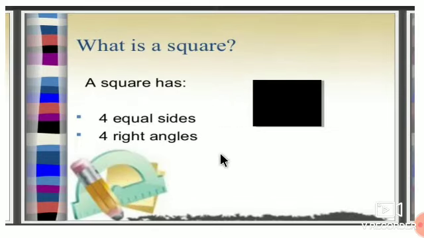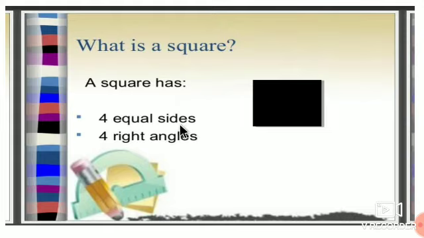Next figure is the square. What is meant by square? Square is also a two-dimensional shape or figure. It has four sides, 1, 2, 3 and 4. It also has, like a rectangle, four angles which are of 90 degrees, meaning right angles.